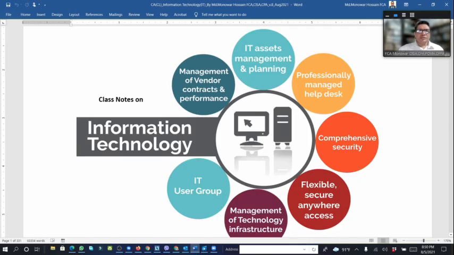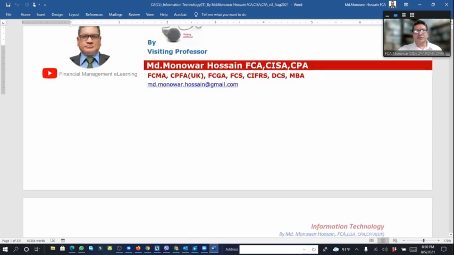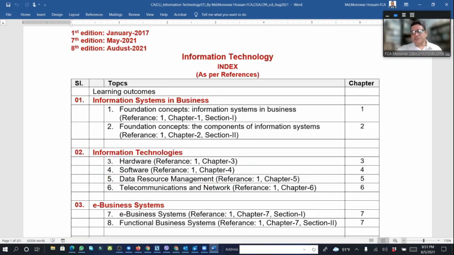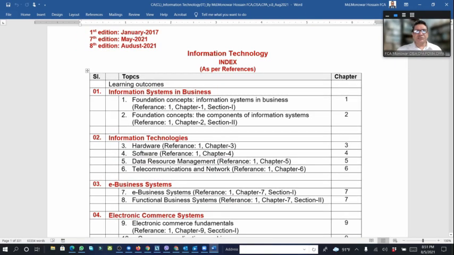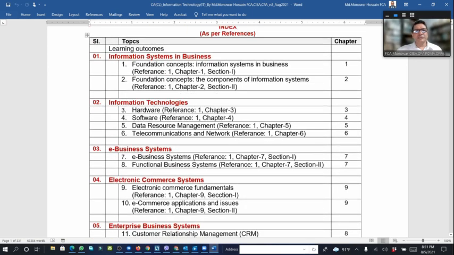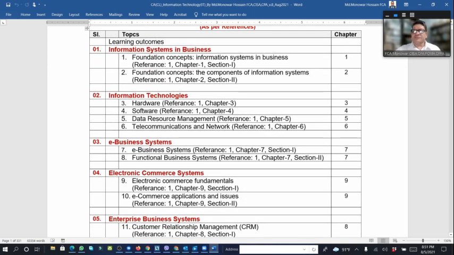If we see our information technology papers, it's 50 marks, and here we have 5 topics, 5 chapters, or you can say 5 modules. So what is that?